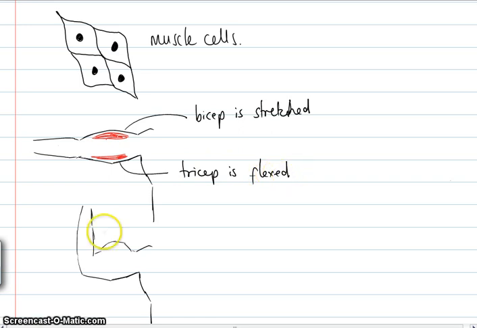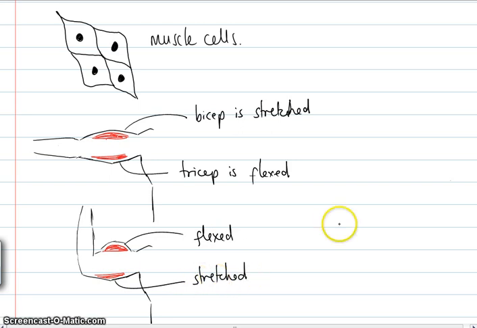However, here it's the opposite. Here the muscles are working in the other direction. So flexed, stretched. So that means that effectively a muscle cell, when it's flexed, it could be looking like this.